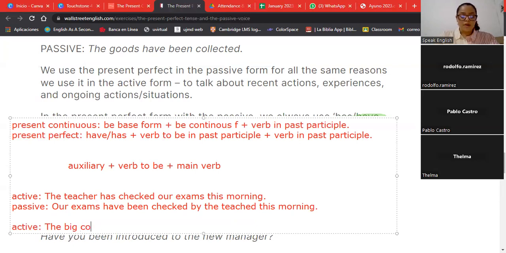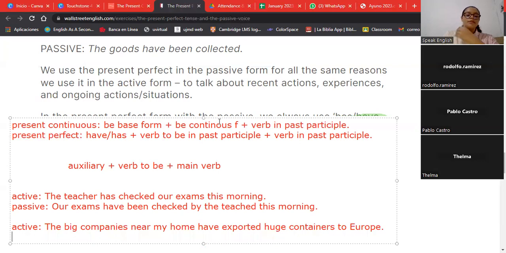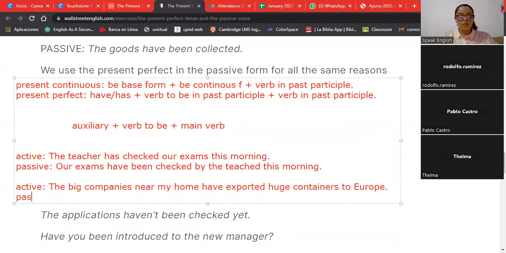Companies near my home have exported huge containers to Europe. Okay, this is the active voice. Can you please change this into the passive voice?